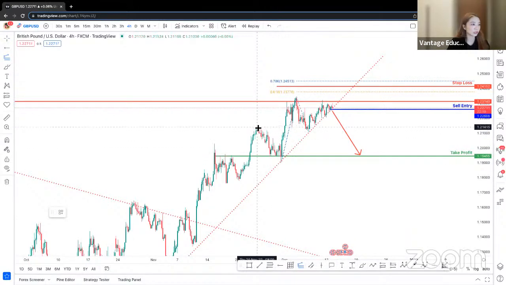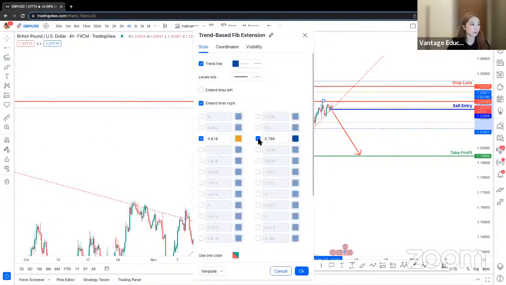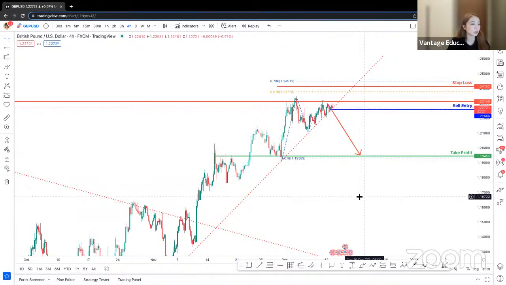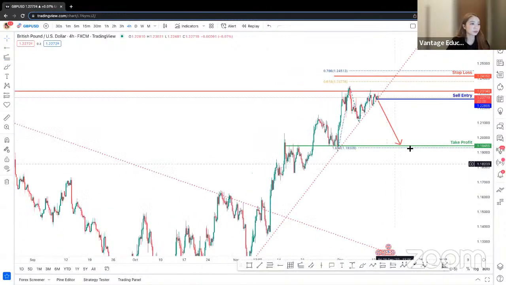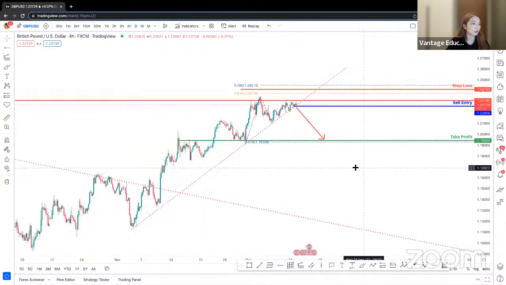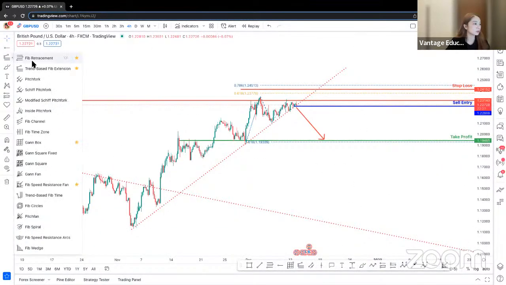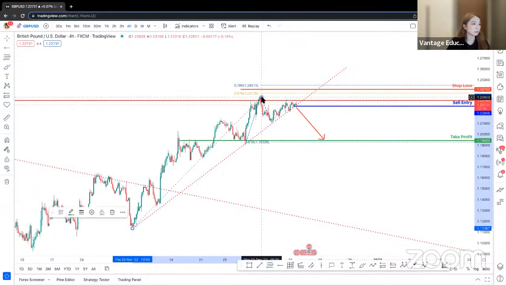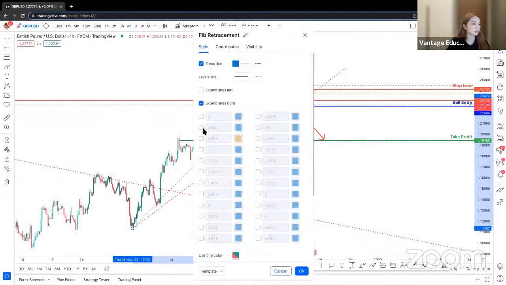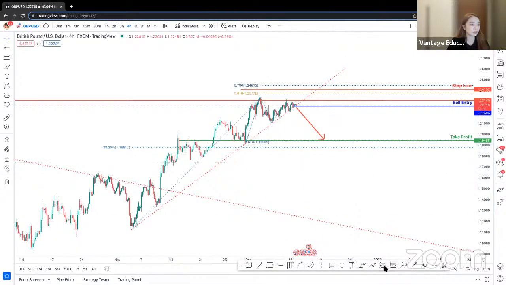Projection, let's do projection first for our take profit. 161, I believe, because the V is much smaller here. And then I will do the big retracement. 38.2, I believe. Yep, very close.